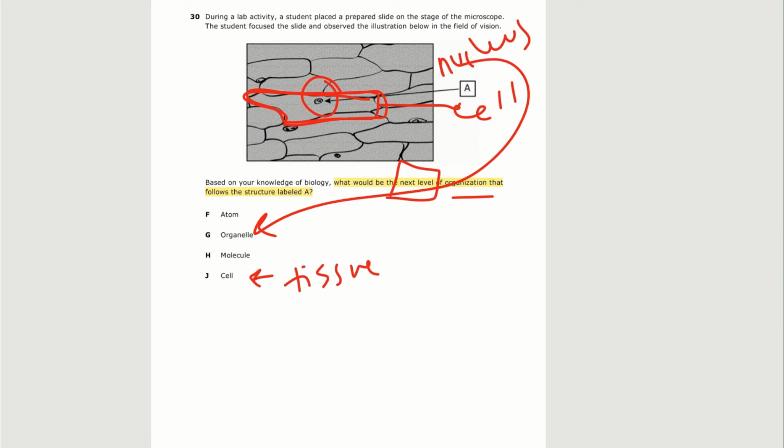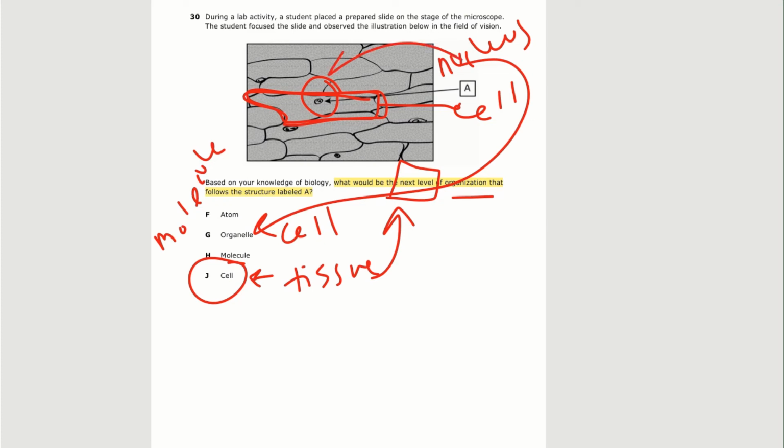Remember how we just said that it was molecule on one side and cell on the other side? And then we said it's somewhere in between. Didn't I just say that? So then what is the answer? Cell. What? But I thought we just said it wasn't. Yes, but the next one is a cell after organelle.